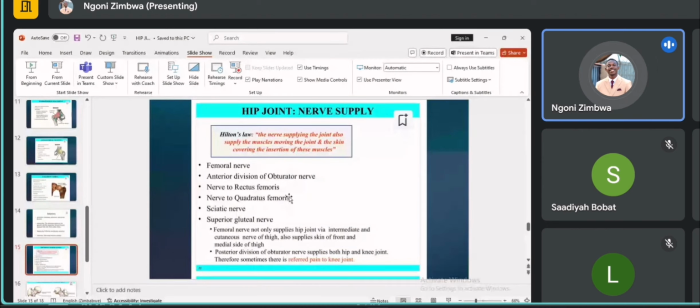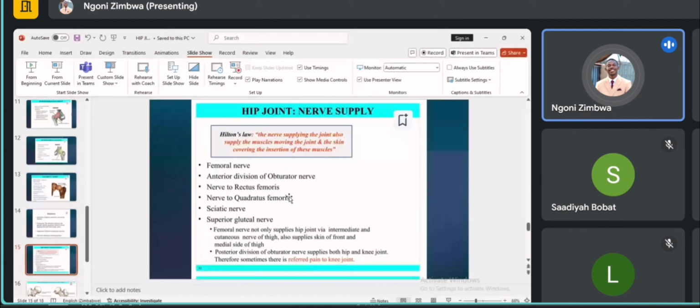It crosses the hip joint and also the knee joint. It originates from the anterior inferior iliac spine, crosses the hip joint, and crosses the knee joint. So the nerve that supplies it also supplies the joint. You're getting it right?